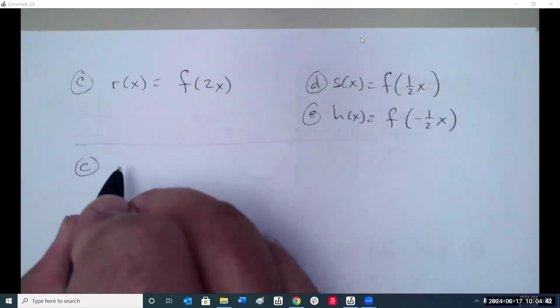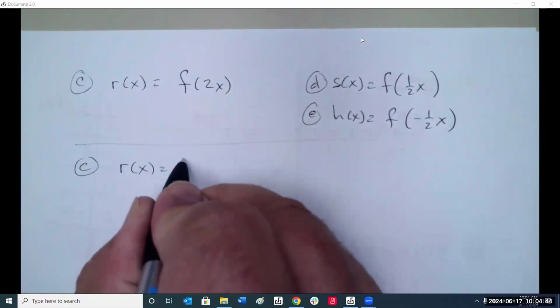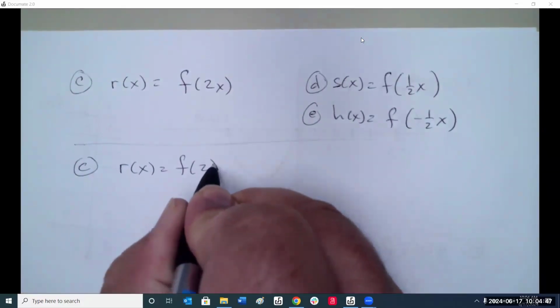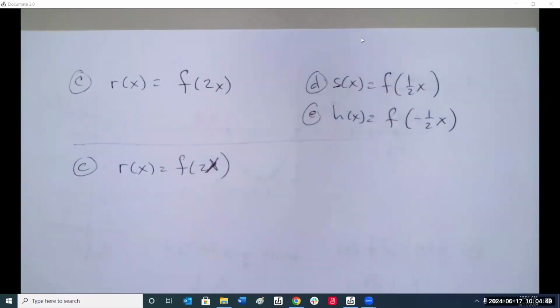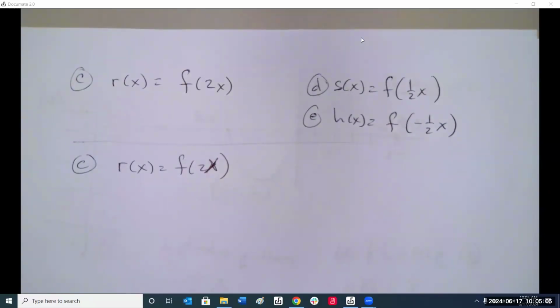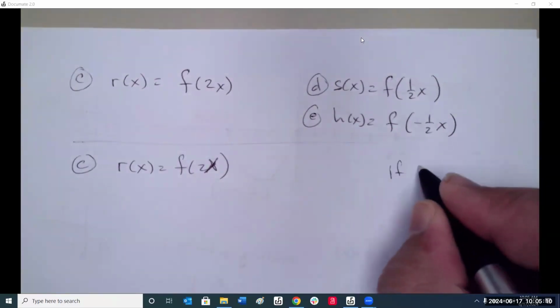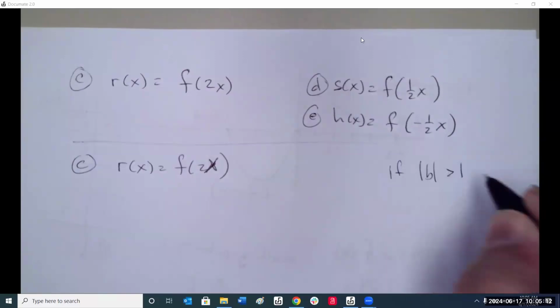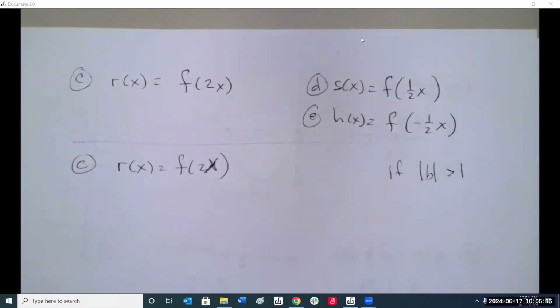So C, r of x equals f of 2x. What is that? What's going to happen there? Where is the 2? Inside. So it's what value, what letter in our whole equation? It's the b value. So remember, if the absolute value of b is greater than 1, what happens? Are you sure? Look at your notes.